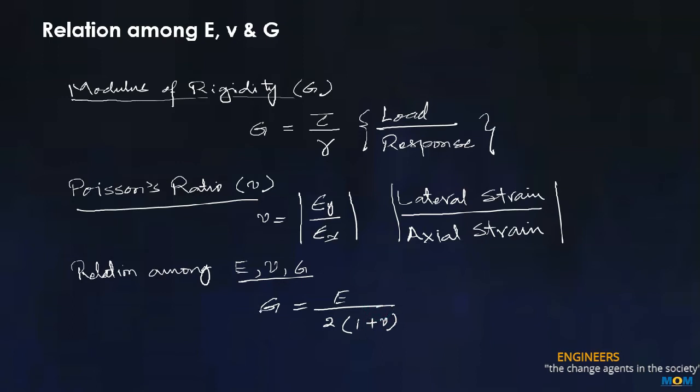So this is a very important relationship. If we know two values, we can calculate the third value. If we know the Poisson's ratio and the modulus of elasticity, we can calculate the modulus of rigidity, and vice versa. If we know the value of this modulus of rigidity and Young's modulus, we can calculate the Poisson's ratio for that very particular material.